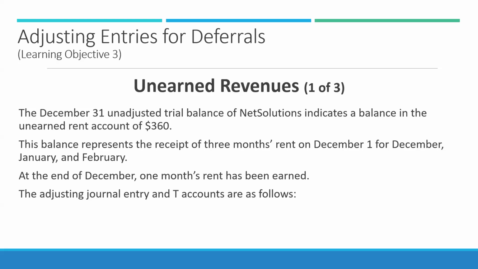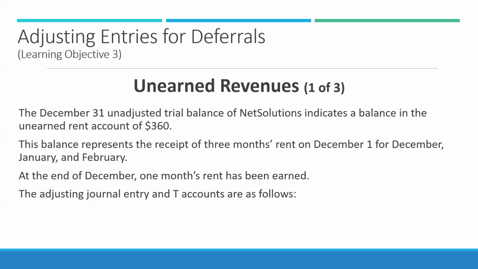So basically, we received $360 on December 1st. And that $360 is for 3 months of rent, 120 in December, 120 in January, 120 in February. Am I making sense? At the end of December, we've used up a month, or we've earned it, right?